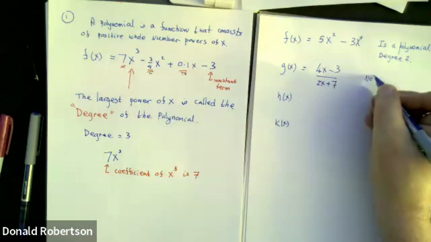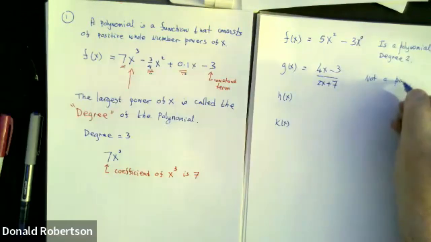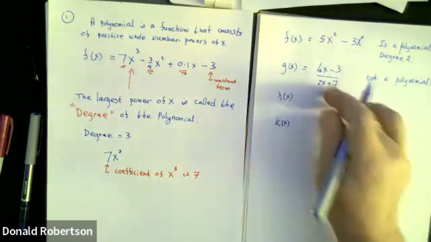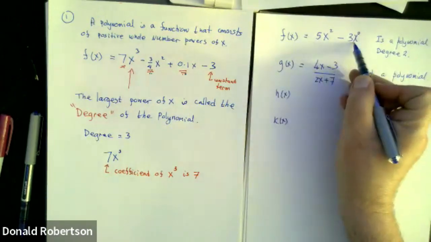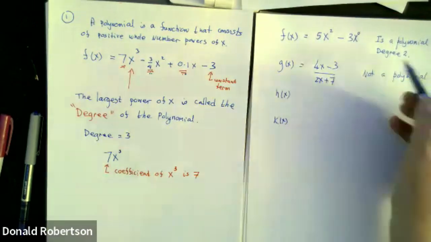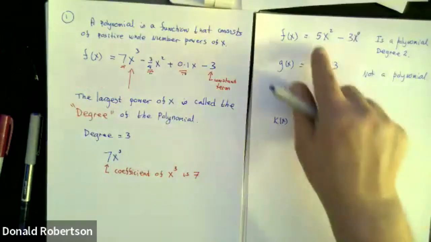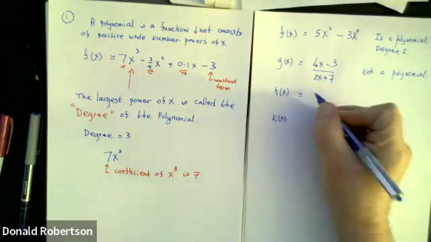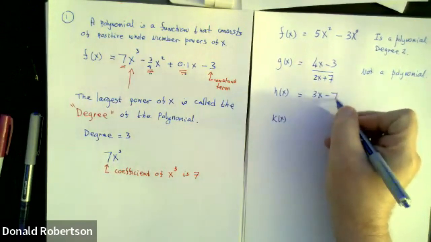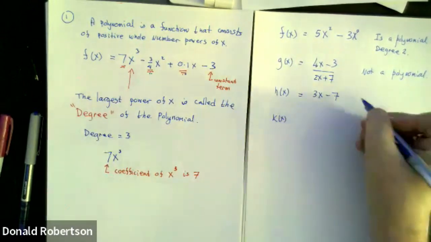That's not a polynomial. In fact, this is a rational function. Have you noticed that the previous one is a polynomial and its degree is 2? But secondly, did you notice it's also quadratic? 3x take away 7 is a polynomial.